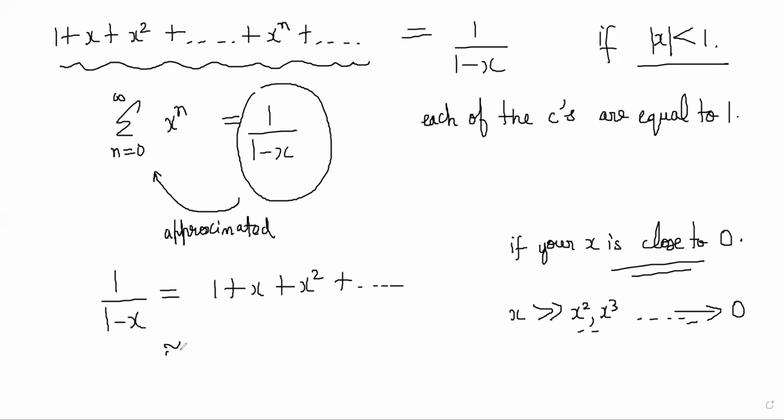So you can write 1 by 1 minus x as approximately equal to 1 plus x. That is a useful application of power series, where we approximate some weird-looking function in a different way, as a simple polynomial. Every power series expansion is basically a polynomial, but with infinite terms.